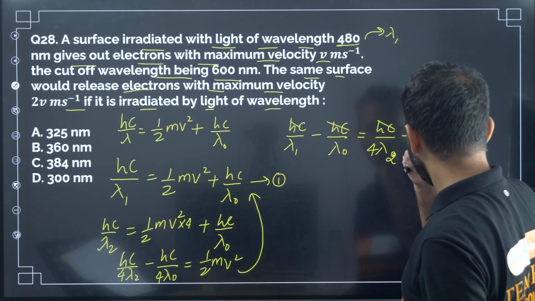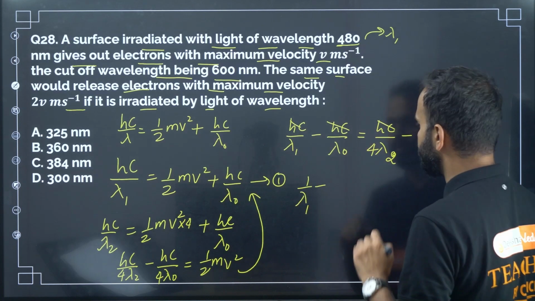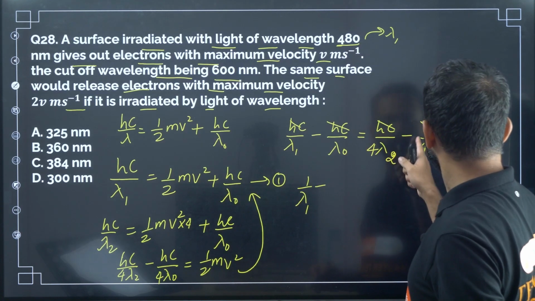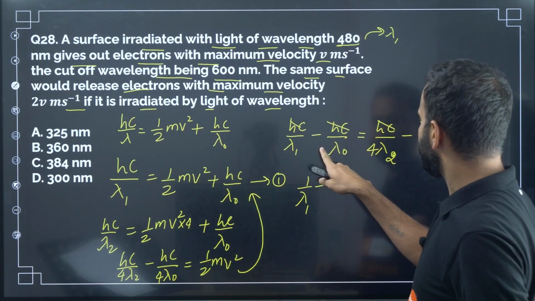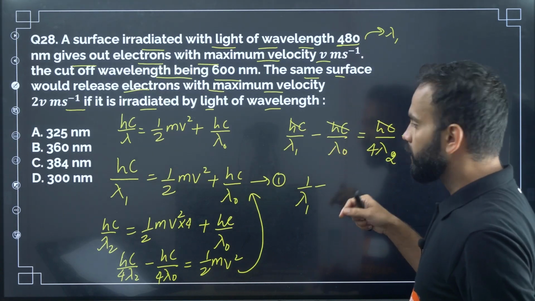So we need to find lambda 2. So 1 by lambda 1 minus 1 by lambda naught, take 1 by 4 lambda naught to the other side, so this will be 1 by 4 lambda naught minus 1 by lambda naught.